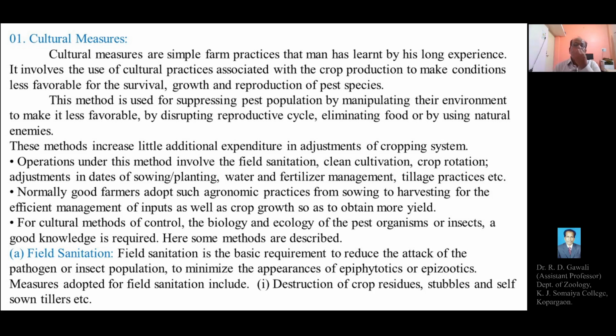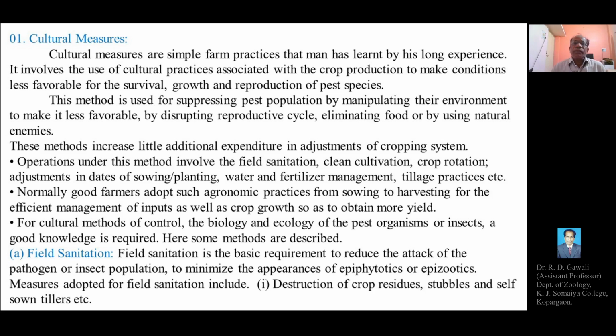These are simple practices which interfere with the different life activities or processes of the pest population. These methods involve little additional expenditure in adjustments of the cropping system. We will explain them one by one.